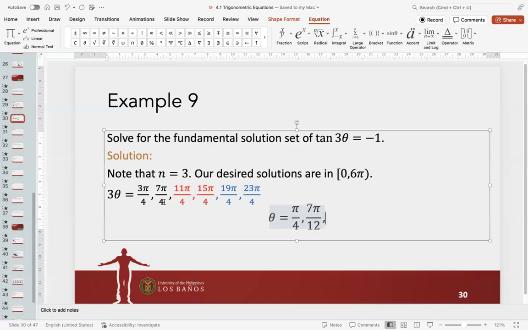And we will just continue the process. So 11 pi over 4 times 1/3 is 11 pi over 12. And then 15 pi over 4 times 1/3 is 5 pi over 4.